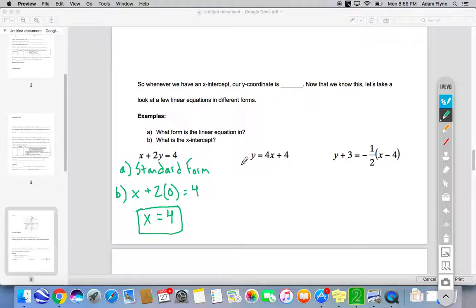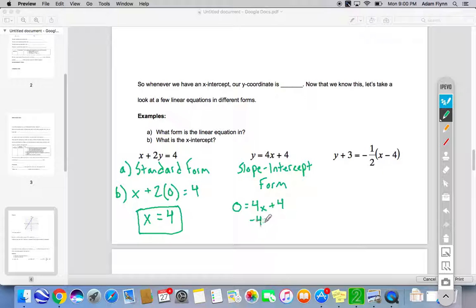So for A, this is in y equals mx plus b form, which is also called slope-intercept form. Okay, so I'll do the same exact thing. To find the x-intercept, I'll just plug in 0 for my y. So I have 0 equals 4x plus 4. So to get the x by itself, I'll subtract this over.